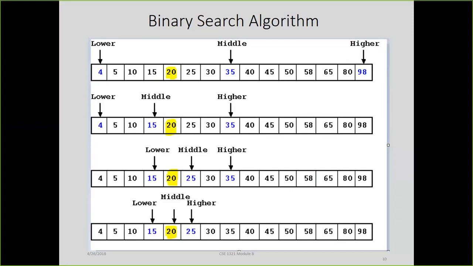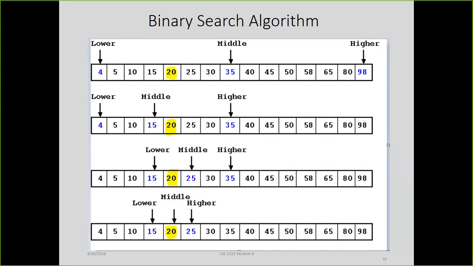But if the target element were between the middle and higher, we would move the lower index to the middle and recalculate the middle. Since 20 is less than 35, we move the higher index to the 35 position and recalculate the middle.